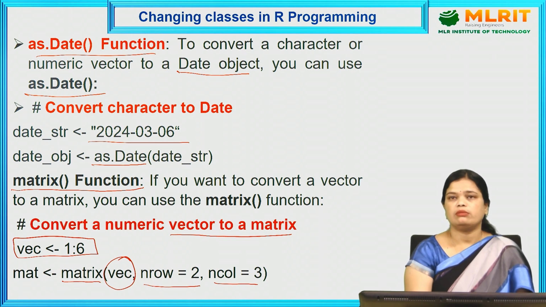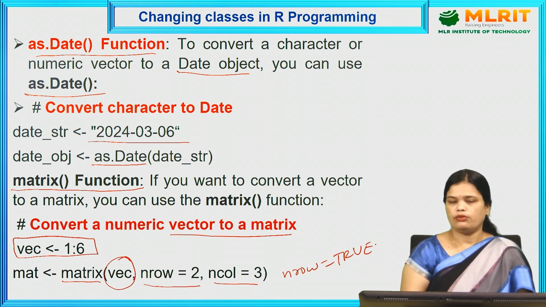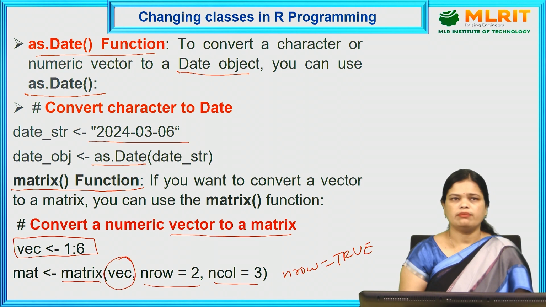Your values will be assigned in column format. When you specify byrow equal to TRUE, then only the values will be taken in row format. Otherwise, by default, column-wise values will be taken.